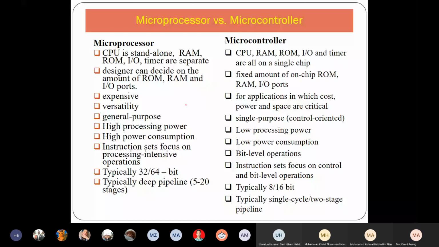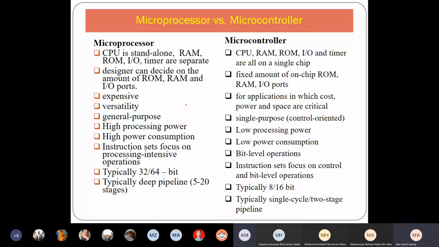Any question? So if I ask you, let's say the computer in your microwave oven, is it a microcontroller or microprocessor? Microcontroller. What about in your laptop?